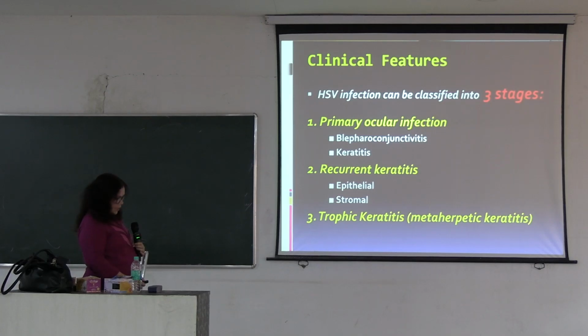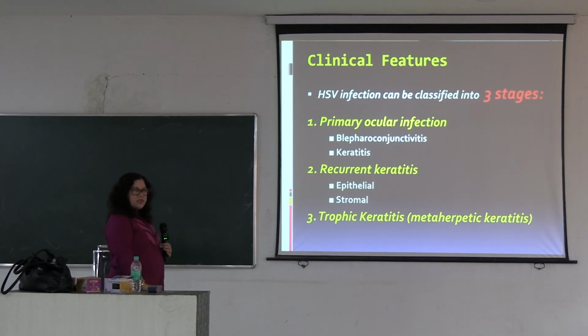So, primary ocular infection may be blepharoconjunctivitis and keratitis. What is blepharoconjunctivitis? If conjunctivitis is associated with inflammation of the lid, that is called blepharoconjunctivitis.